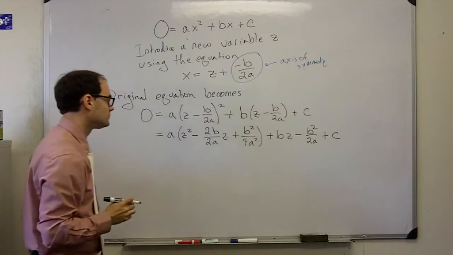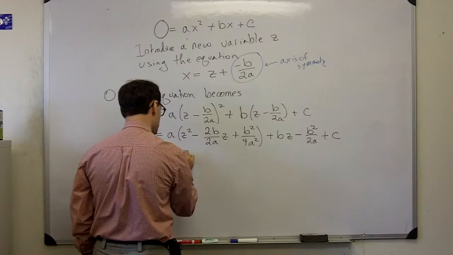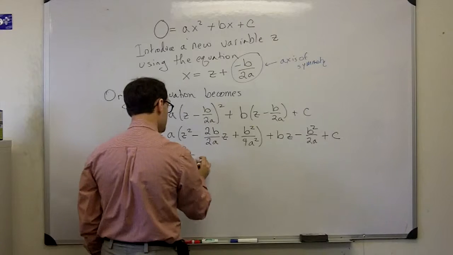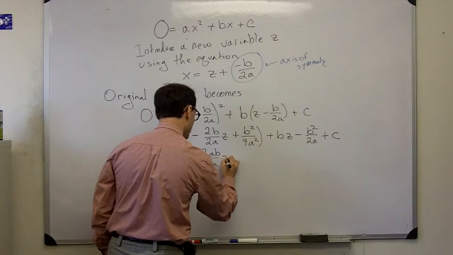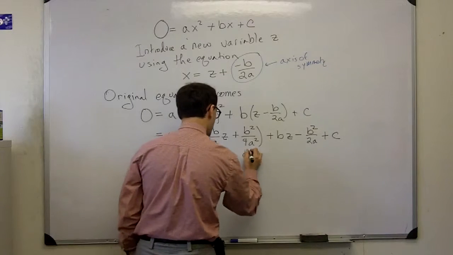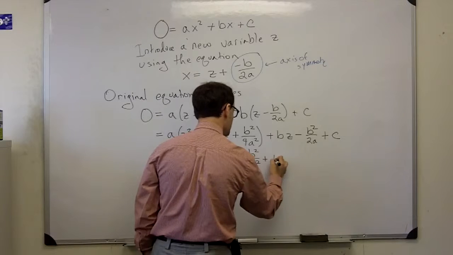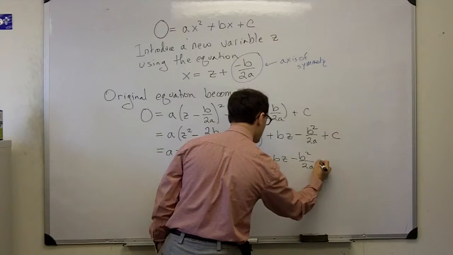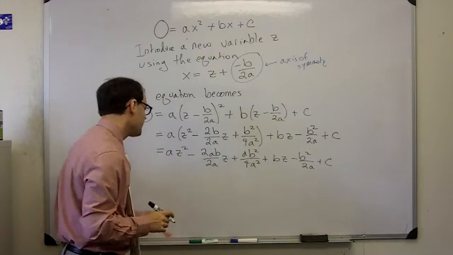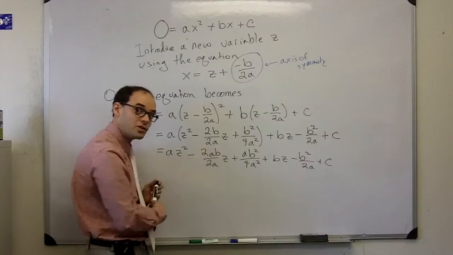Okay. Now I'm going to distribute through the a. So we get a z squared minus 2ab over 2a times z plus ab squared over 4a squared plus bz minus b squared over 2a plus c. Okay. Now, let's see here. We can do some canceling. I see a 2a over 2a right here.